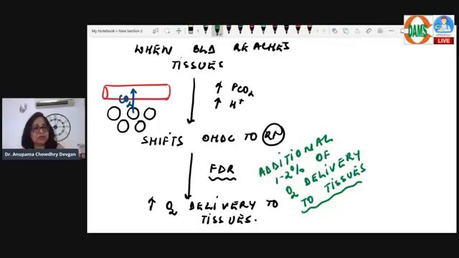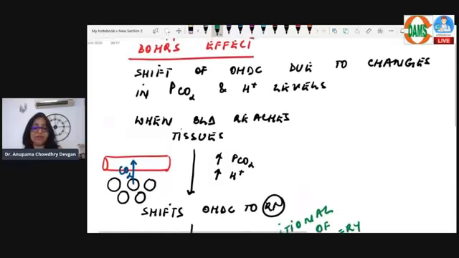The difference in partial pressure. The partial pressure of oxygen in the blood is higher than in the tissues, and oxygen will move from an area of higher partial pressure to an area of lower partial pressure till the partial pressures are the same. So the main reason is the difference in partial pressures.